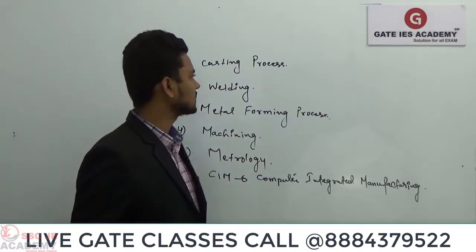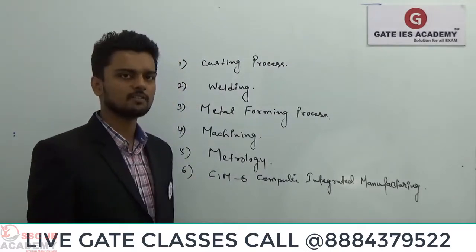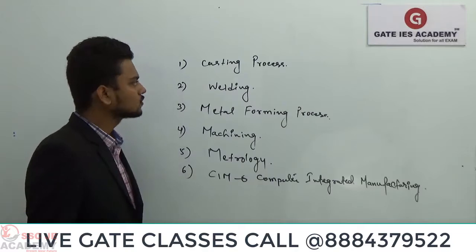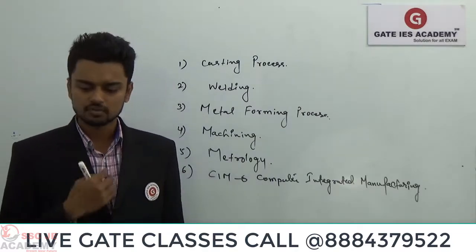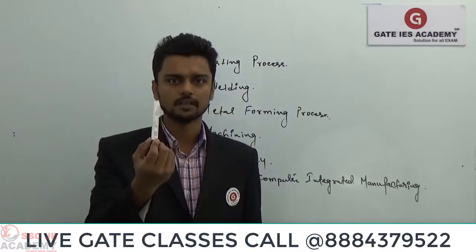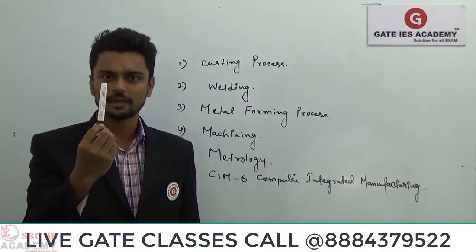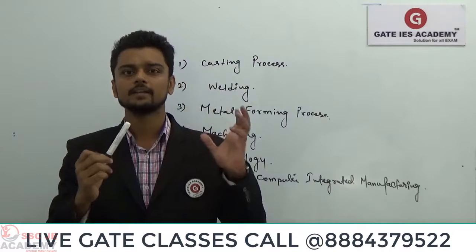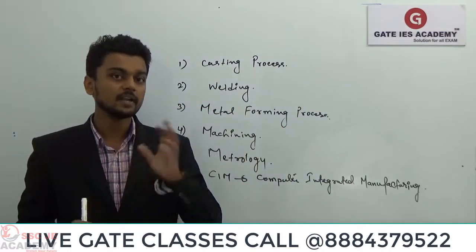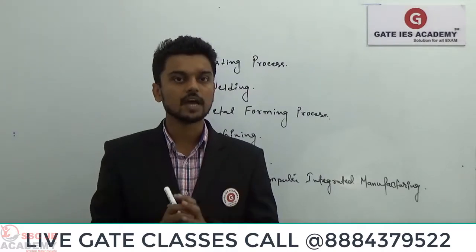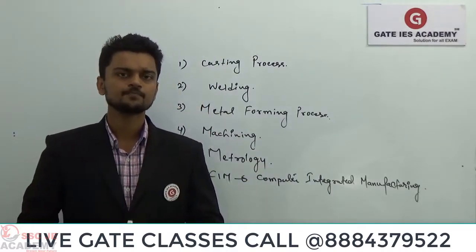Like the casting process. It is one of the oldest manufacturing processes that we have. So basically what we have to do is, suppose we have anything like this one. Now to make this one we require some raw materials. Now that raw material is of no use.